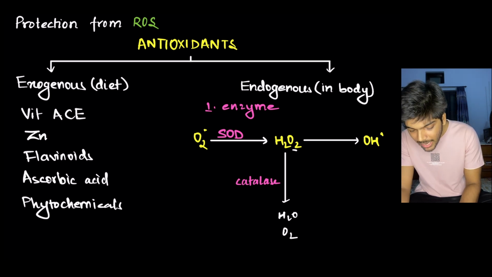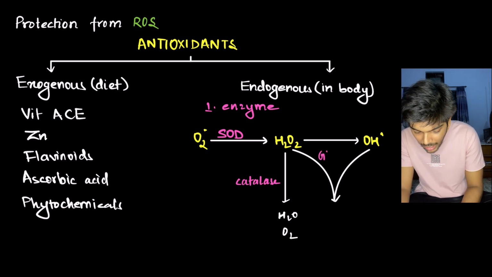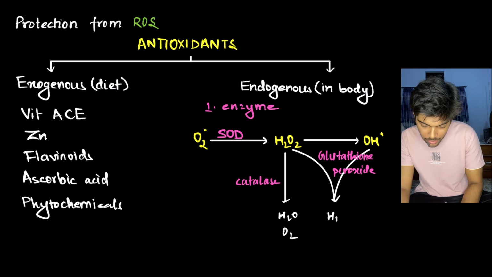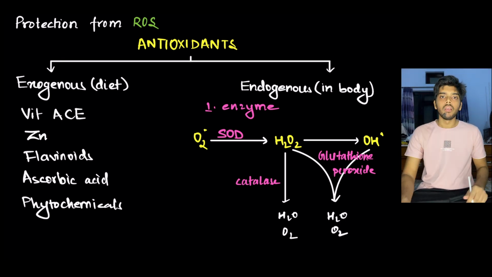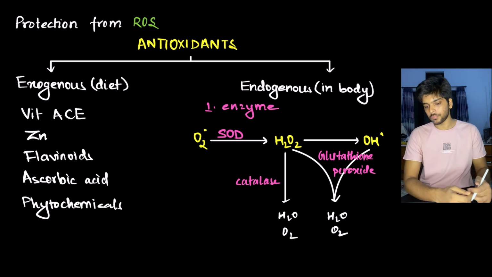And the third enzyme breaks down both hydrogen peroxide and hydroxyl, and that is glutathione peroxidase, into water and oxygen. So remember, superoxide is broken down by superoxide dismutase. Hydrogen peroxide is broken down by catalase. Hydrogen peroxide as well as hydroxyl is broken down by glutathione peroxidase.